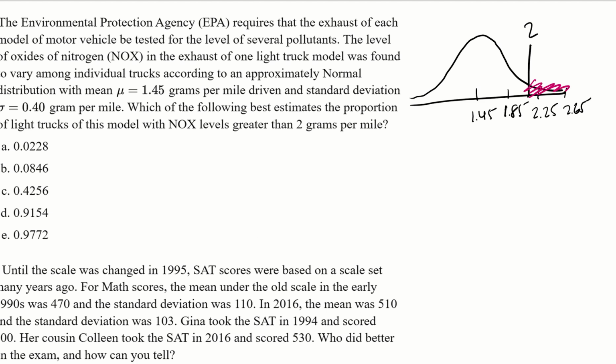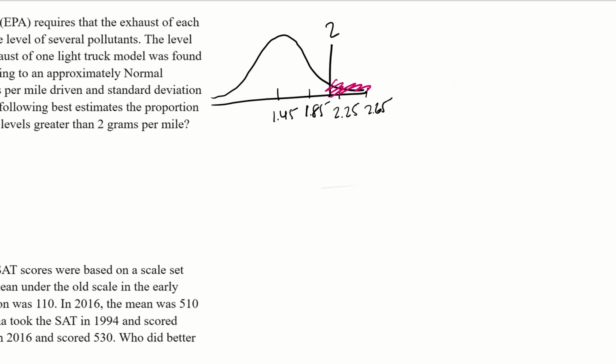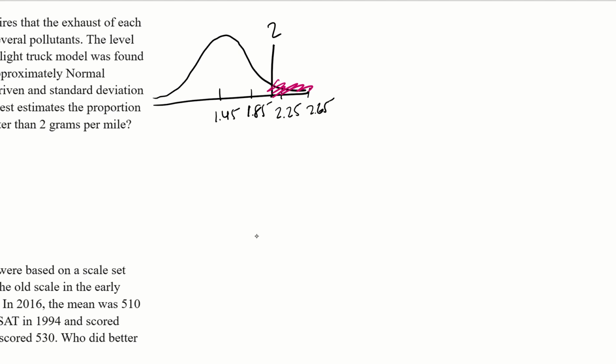So that means that we're going to convert the 2 to a z-score. Okay, so z is equal to x, which is 2, minus mu 1.45, divided by a standard deviation of 0.4.